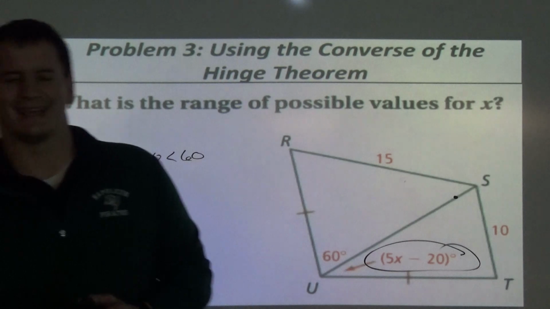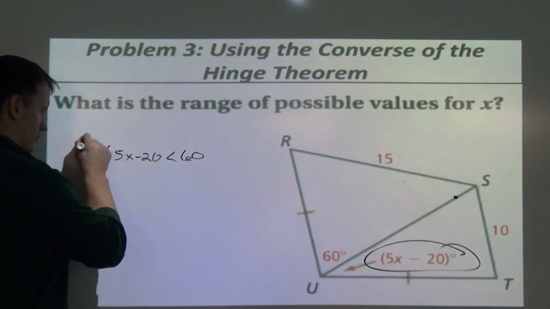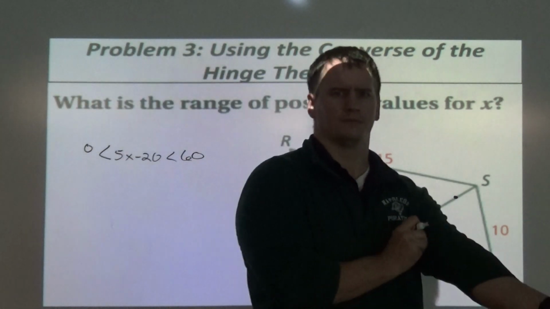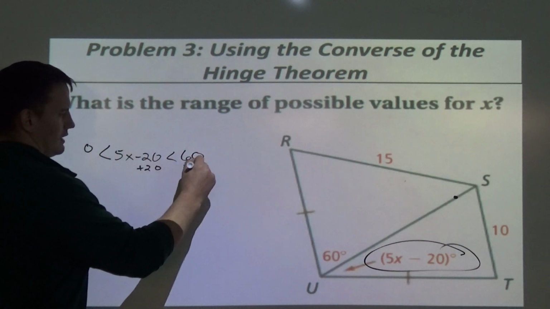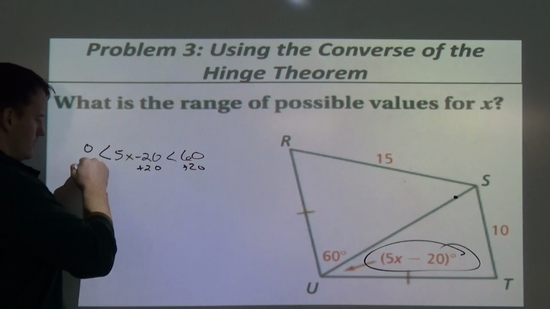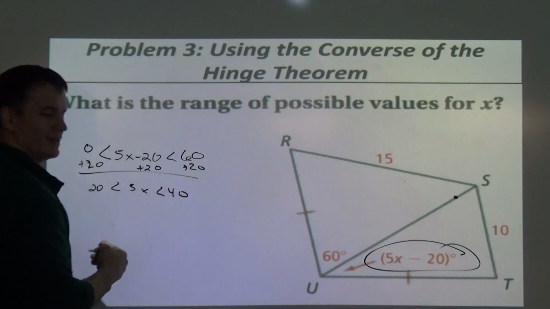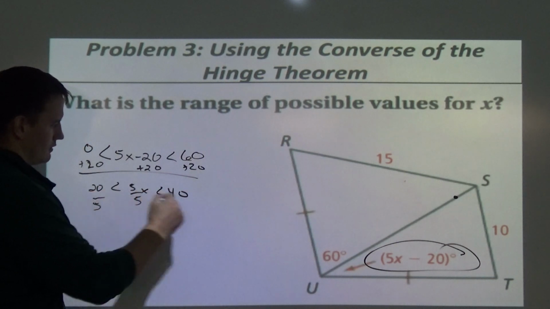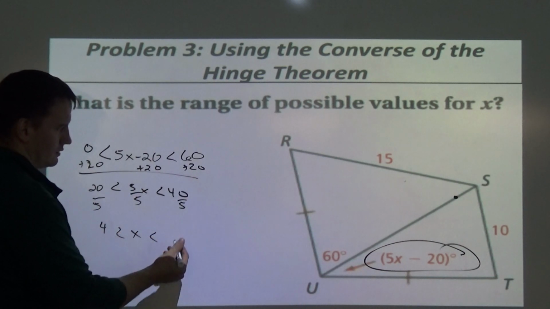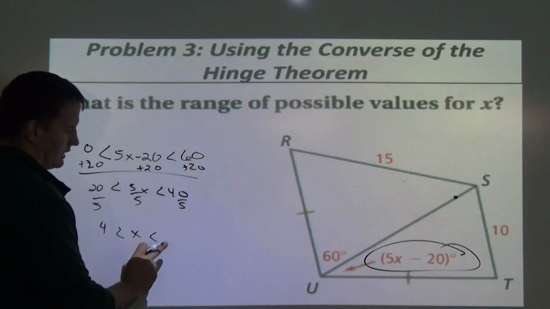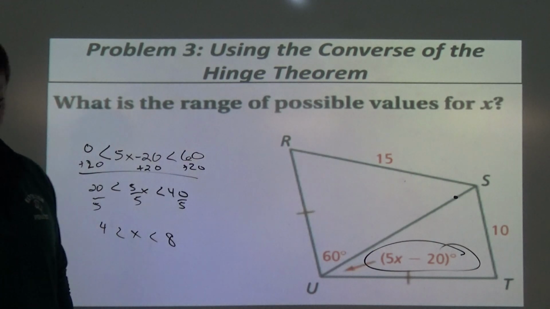That's not all though, folks. It also has to be larger than 0, because you can't have a negative angle. So let's solve this. Add 20, add 20. 20 less than 5x less than 80, divide by 5. X is going to be between 4 and 16.